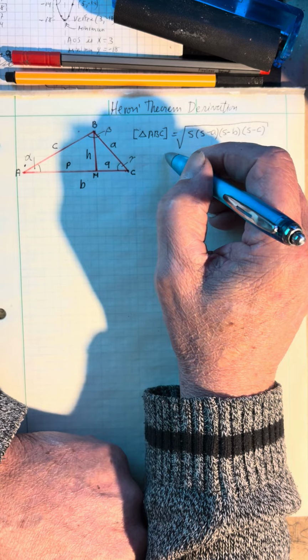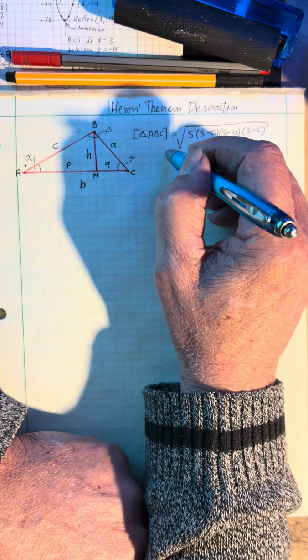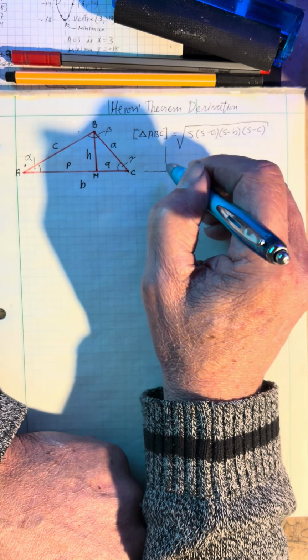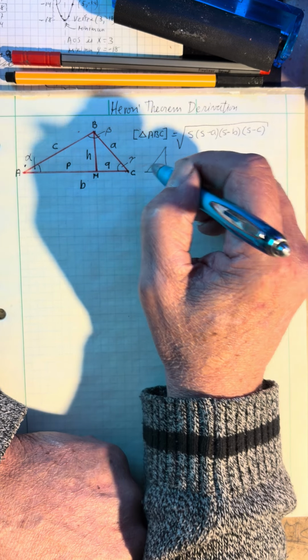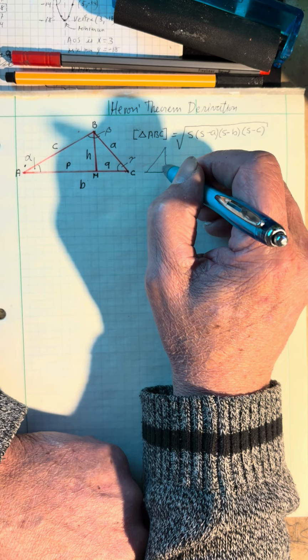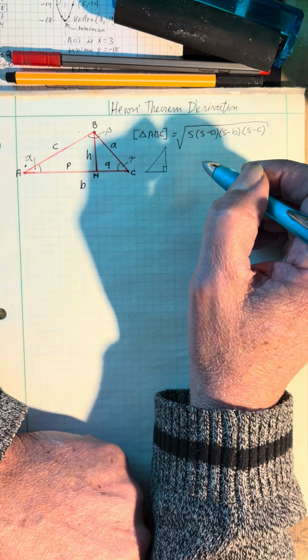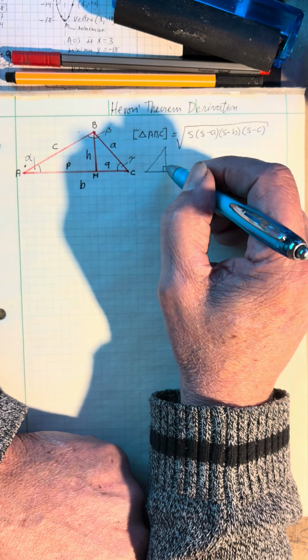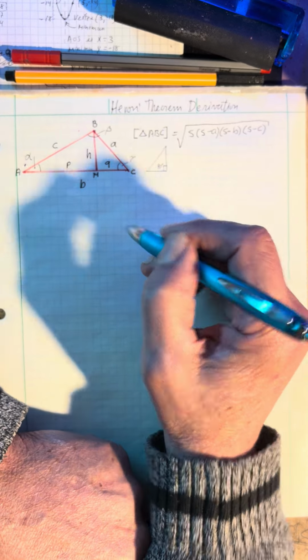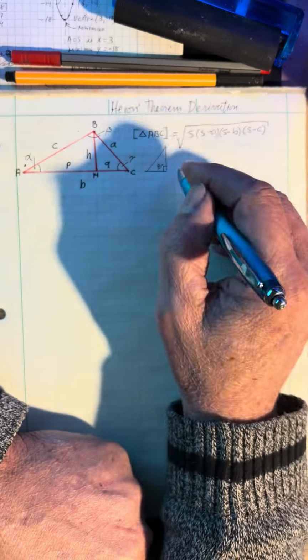A regular triangle, let's say, I'll make a small triangle here, because it's important that this triangle has a 90-degree angle. This is called the right triangle.